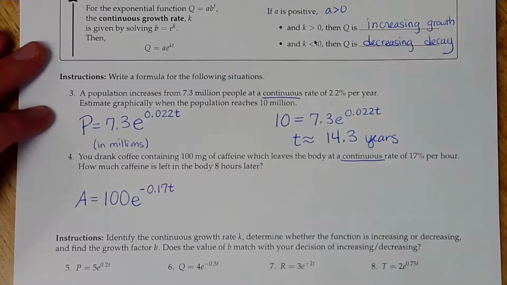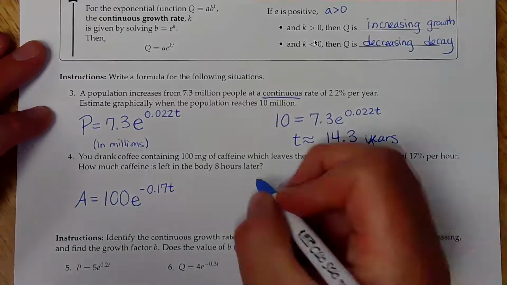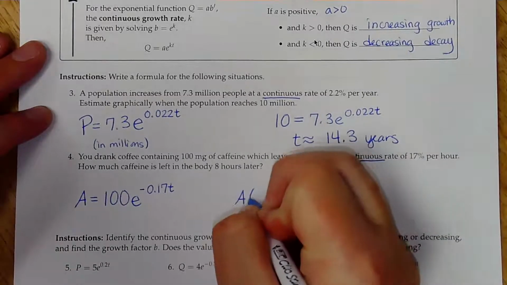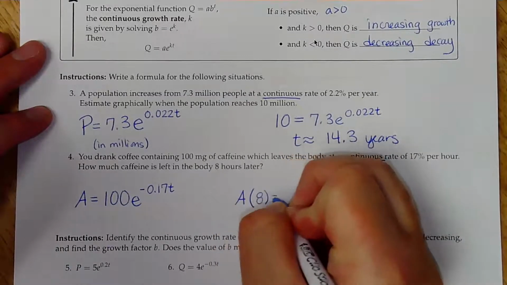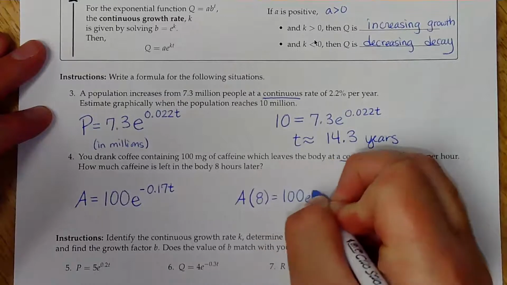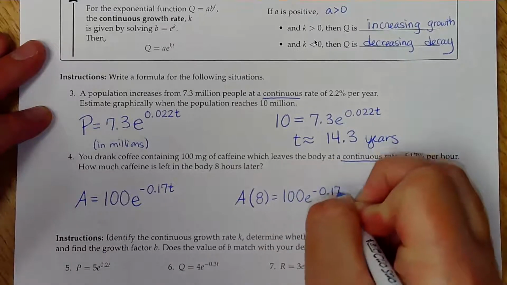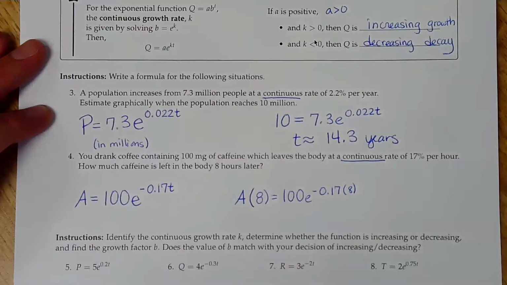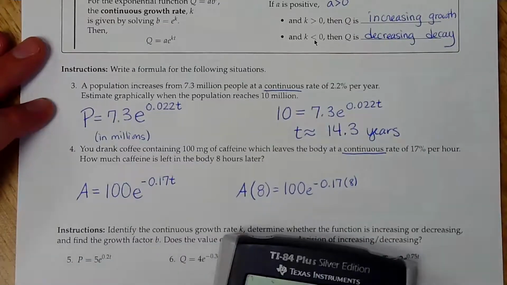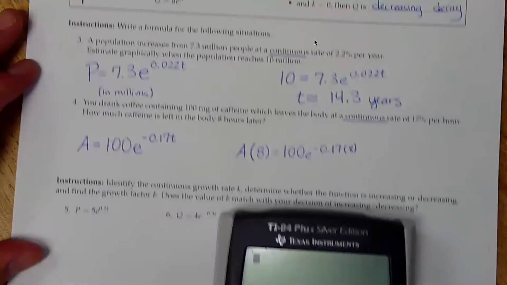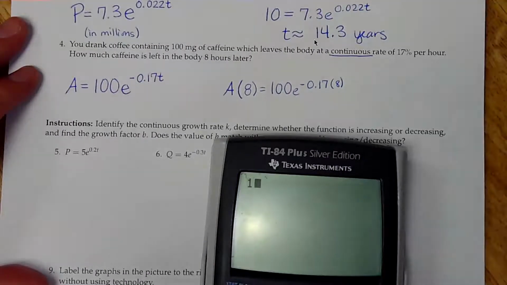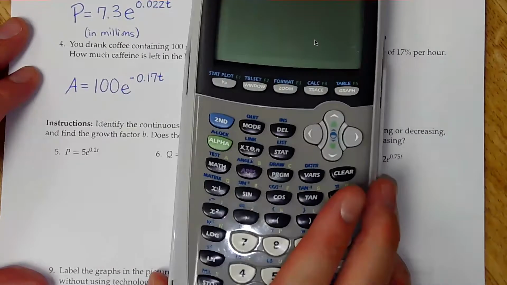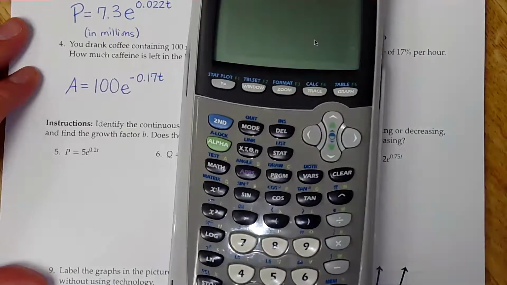So negative 0.17t would be our basic equation there. And then, how much caffeine is left in the body 8 hours later? We'd be looking at A(8), which is 100 e^(-0.17 times 8). Let's see if we can figure out what that is. I have 100 times, and if you're looking for the button with the e, it's often paired with the one that says ln.